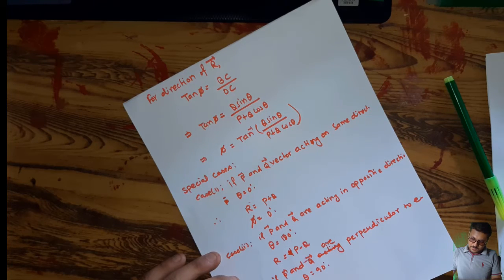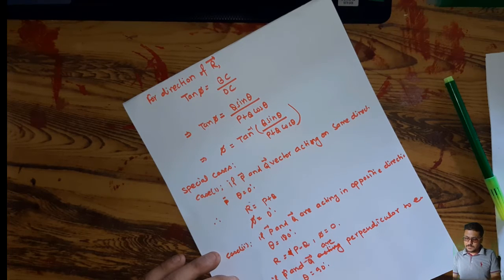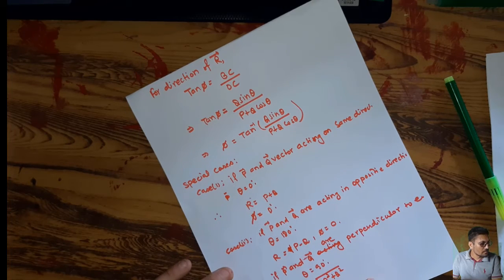Then if you put theta equal to 90 degree, cos 90 means 0, so R equals root of P square plus Q square.